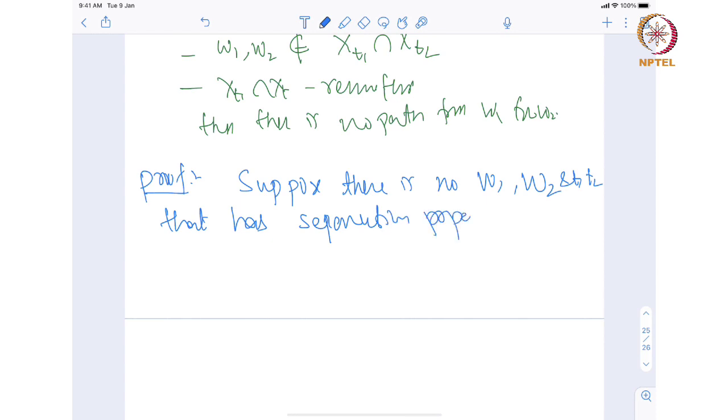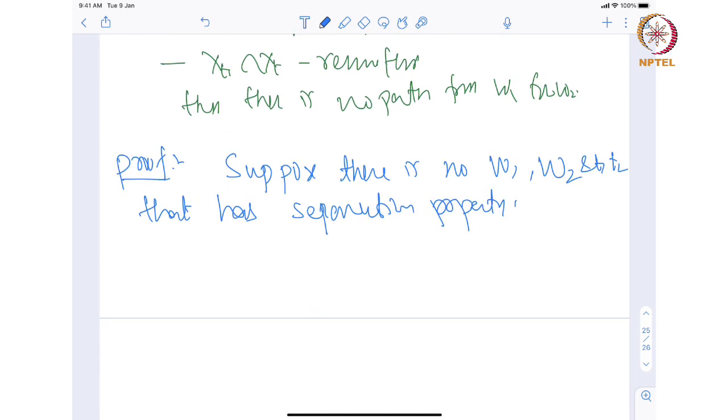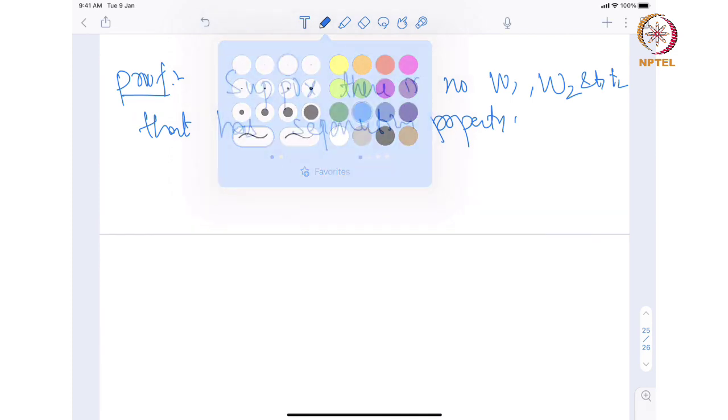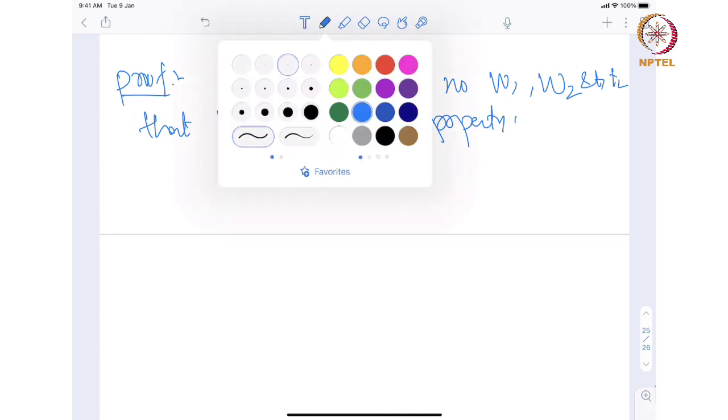So suppose we can't separate W by an edge, like you delete an edge and W1 and W2 are not separated. Then we need to show that there is a bag that contains the whole of W. Now, this is a trick which I would like to teach you. This is called the orientation trick.